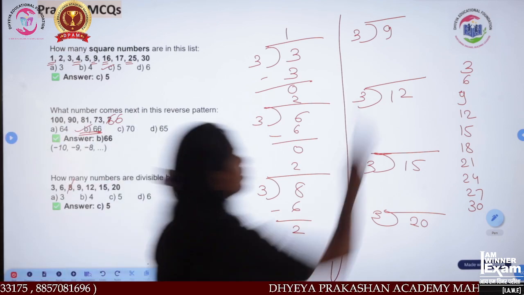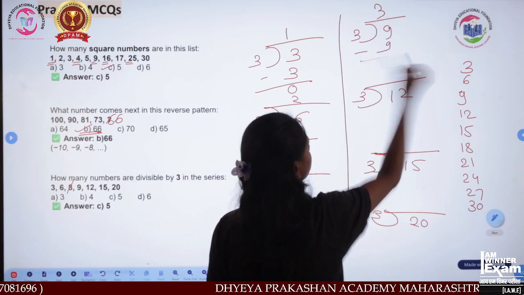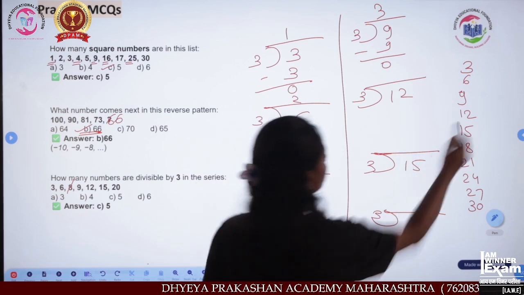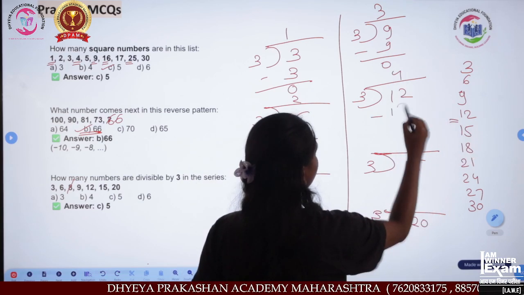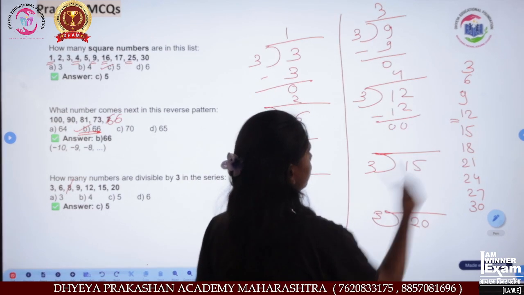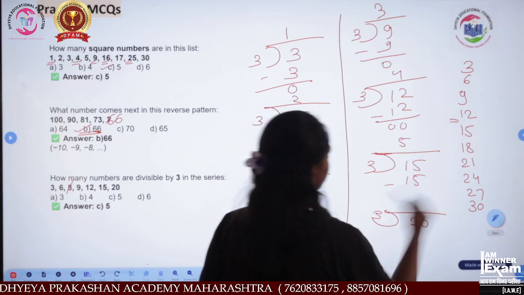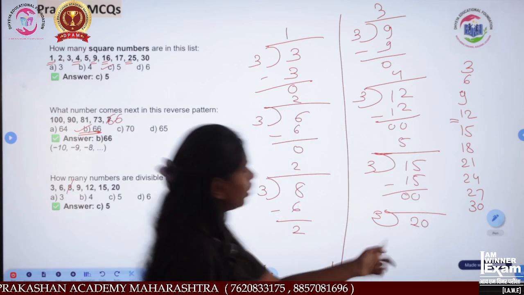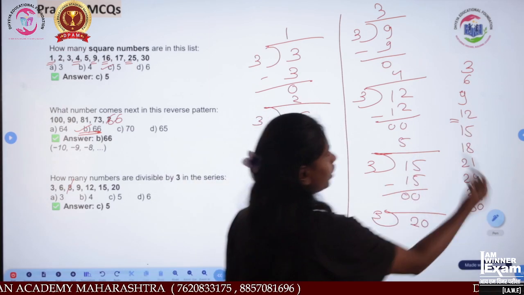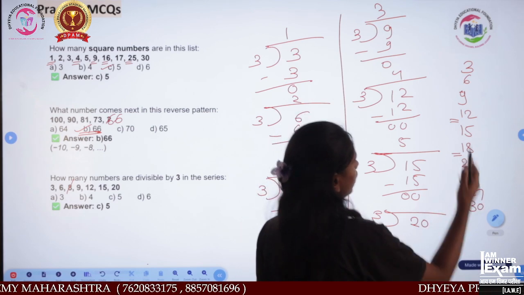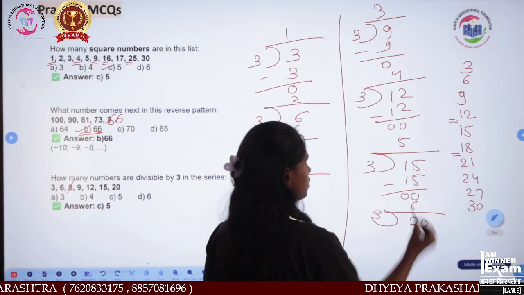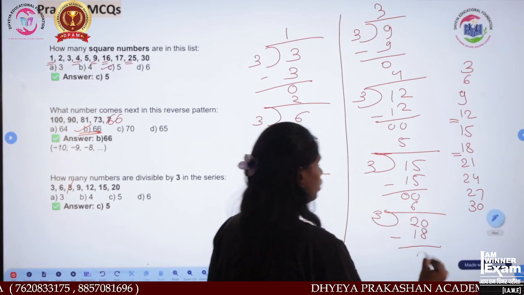The next, 3 3s are 9, then 0. Then 3 4s are 12 and then 0. 3 5s are 15 and then 0. And now 20. There is no 20, so taking the smaller number, 3 5s are 15, 3 6s are 18, so 2 remaining.